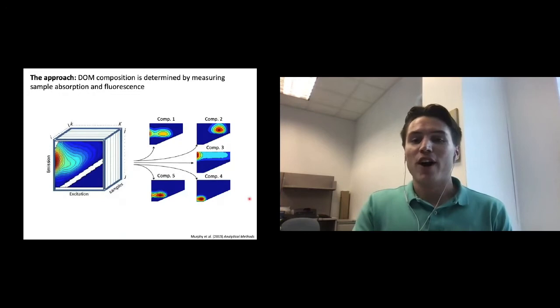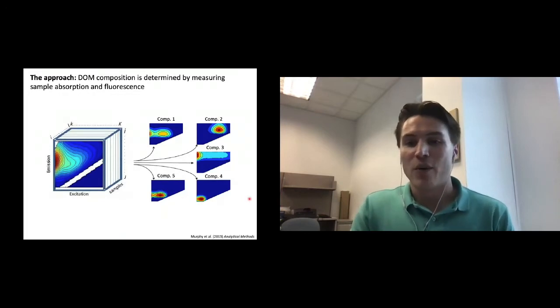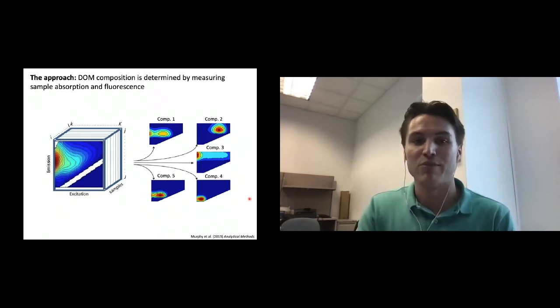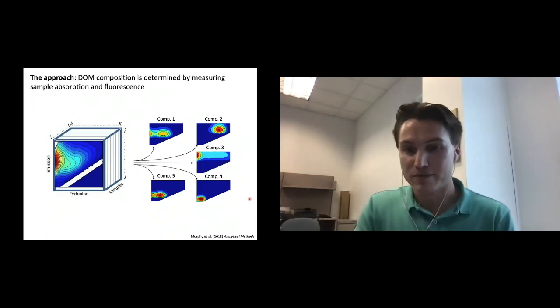So before I move on, I want to briefly talk about how we use chromophoric dissolved organic matter for compositional analyses. And simply put, chromophoric dissolved organic matter is the fraction of organic matter that can absorb and fluoresce light.